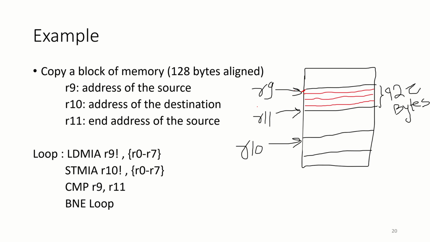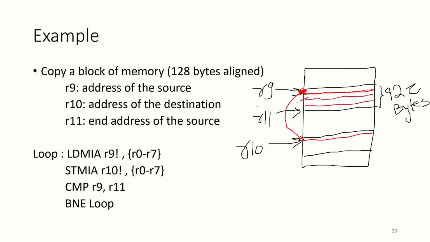We first have to declare from where we are going to copy. So this is the starting address here. This is going to be copied to that address. This is not a single block. There are multiple locations here. So the first one is going to be stored at the first one here, copied.